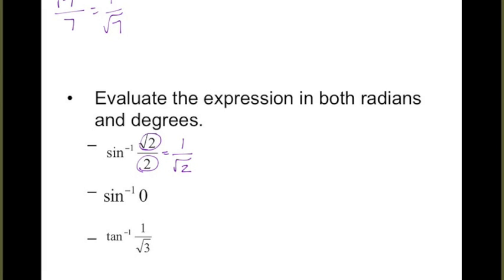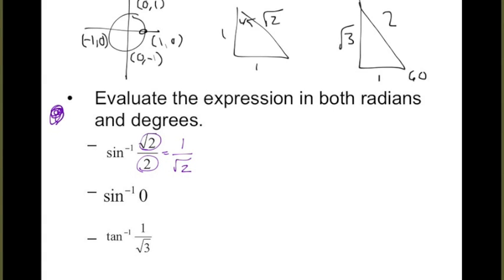But we don't have a triangle that has a square root of 2 and a 2 in it. So we can't evaluate that without unsimplifying it. Okay, so you'll need to do that in your assignment as well. Whenever it's the same number under a square root and not under a square root, it's 1 over that square root. Alright, so go ahead and try these 3.